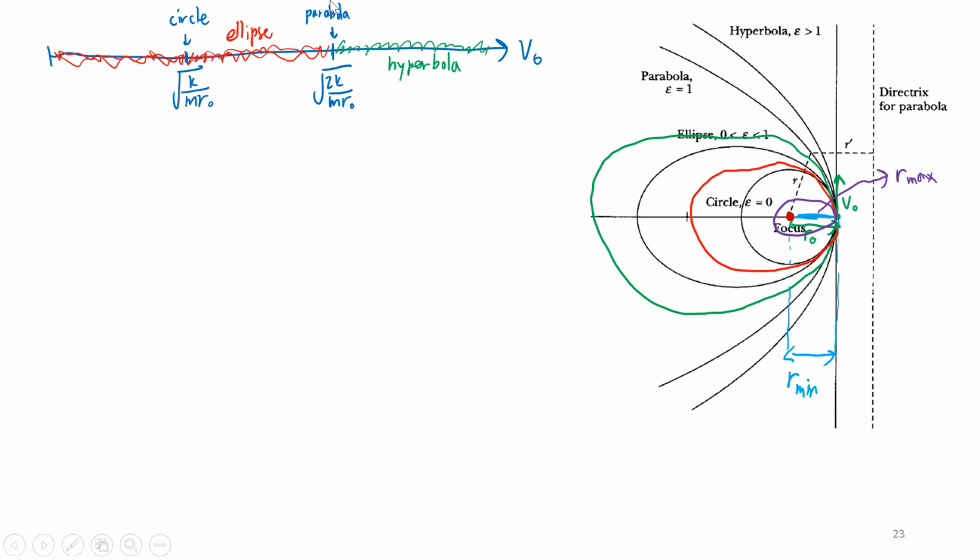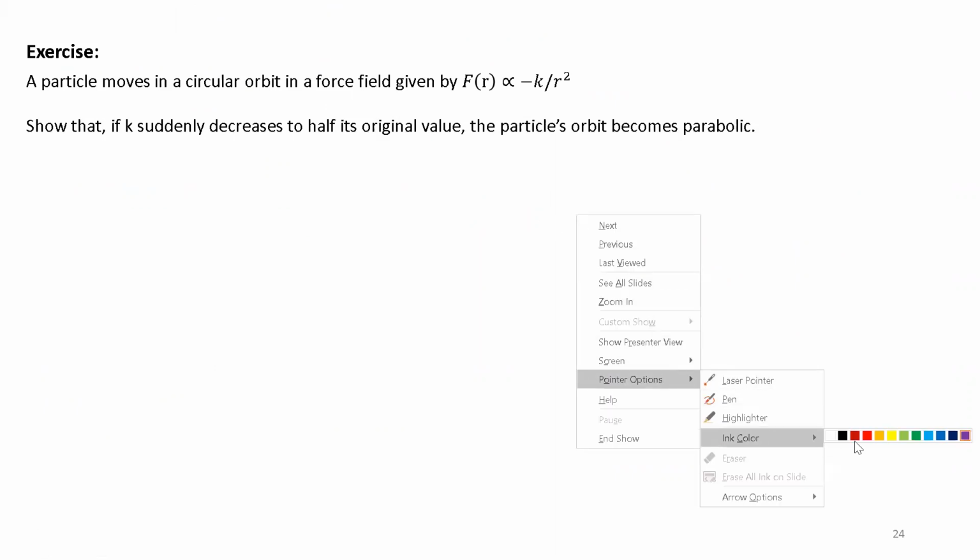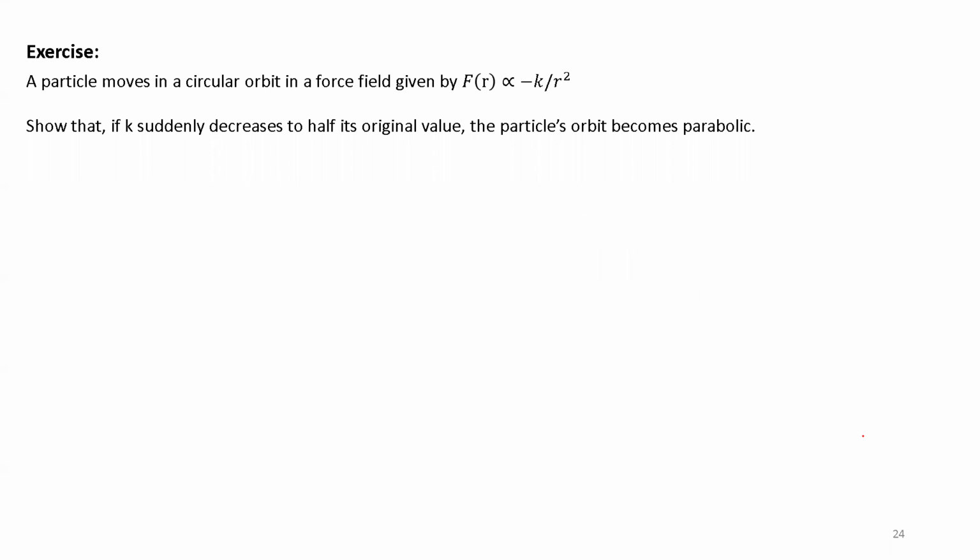Okay, so let's do one more example here. Suppose I have a particle originally doing a circular motion around the source, given by this.